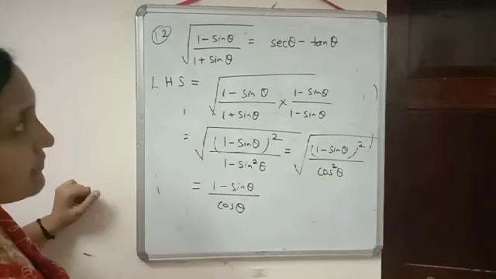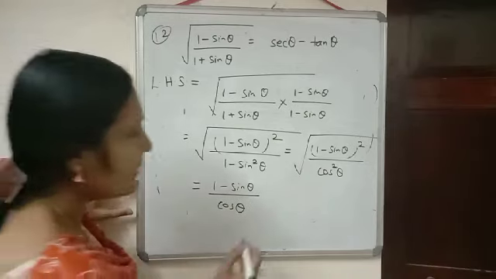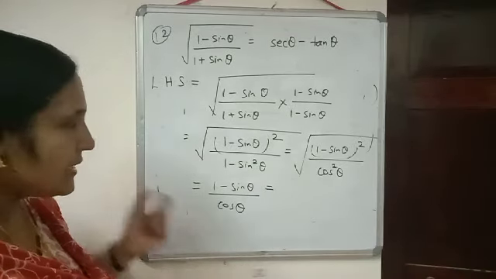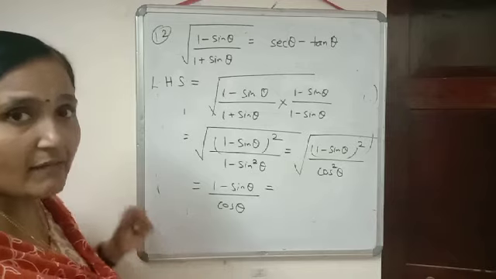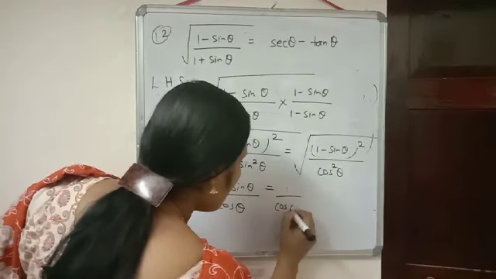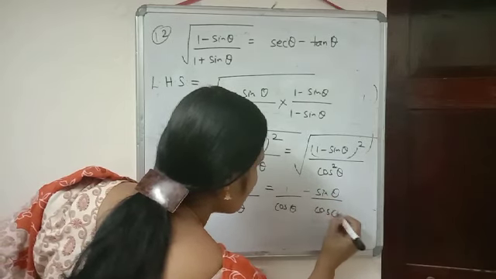So just to check whether we got the proof. In the proof what we need? We need sec theta minus tan theta. So for that what we can do? We can write the terms separately, if in the denominator we have a single term. So it will come 1 by cos theta minus sin theta by cos theta.